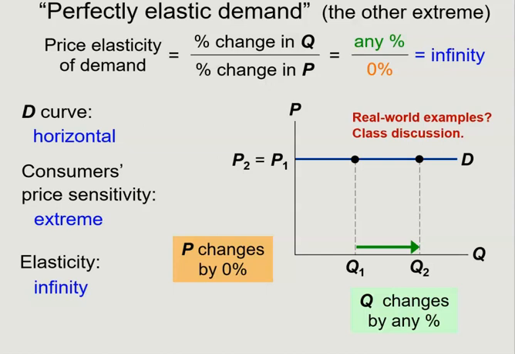Vertical, very steep, kind of a 45-degree line, a downward sloping line, quite flat, or completely horizontal. These are the things we want you to be familiar with.